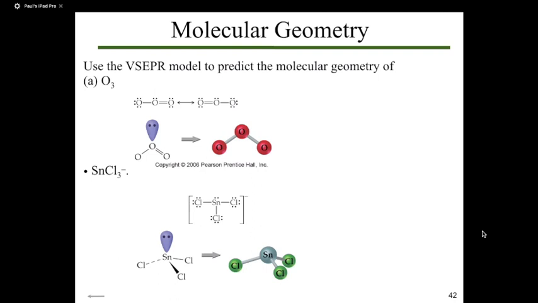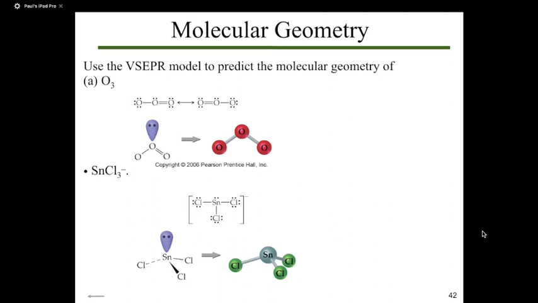Okay, so here is a true correct drawing of ozone. Now, ozone is resonance, so we have 2. But if I look at the central atom, the oxygen, I have a single bond. That's 1. I have a non-bonding pair. That's 2. I have a double bond. That's 3. 3 electron pairs, or 3 domains.